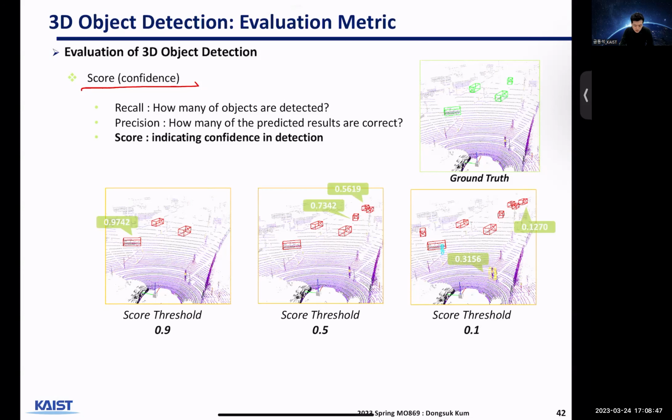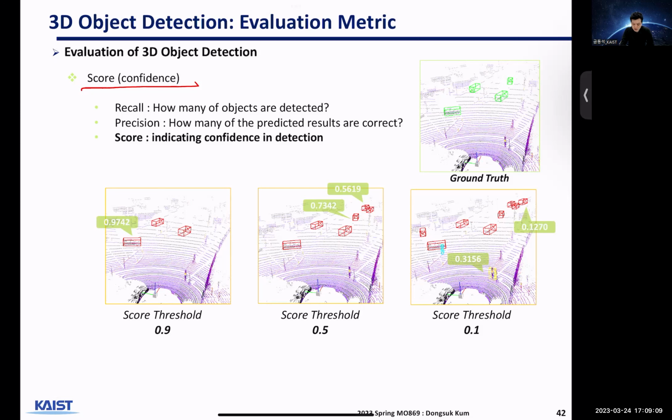So if you apply a low score threshold, meaning that if you apply non-maximum suppression with a score threshold of 0.1, then it's going to use almost most of the predicted results.